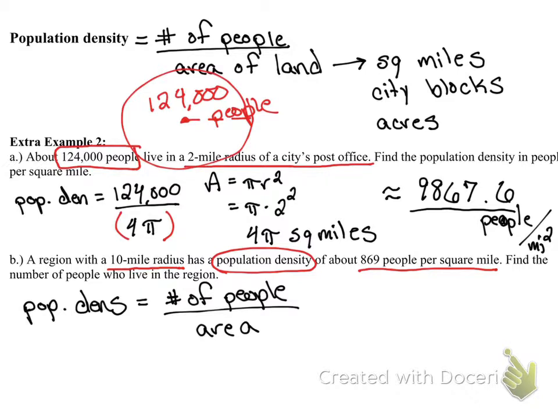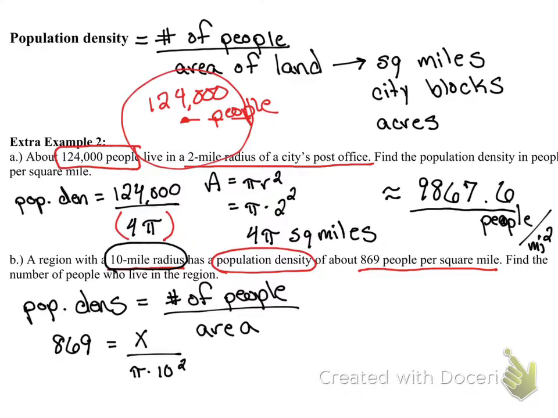Well, I know the population density. The population density is 869 people per square mile. So this is 869 equals, we're trying to find the number of people, so let's have that be my x, all over the area. It's a 10-mile radius, so the area, that would be a circle, pi times 10 squared.